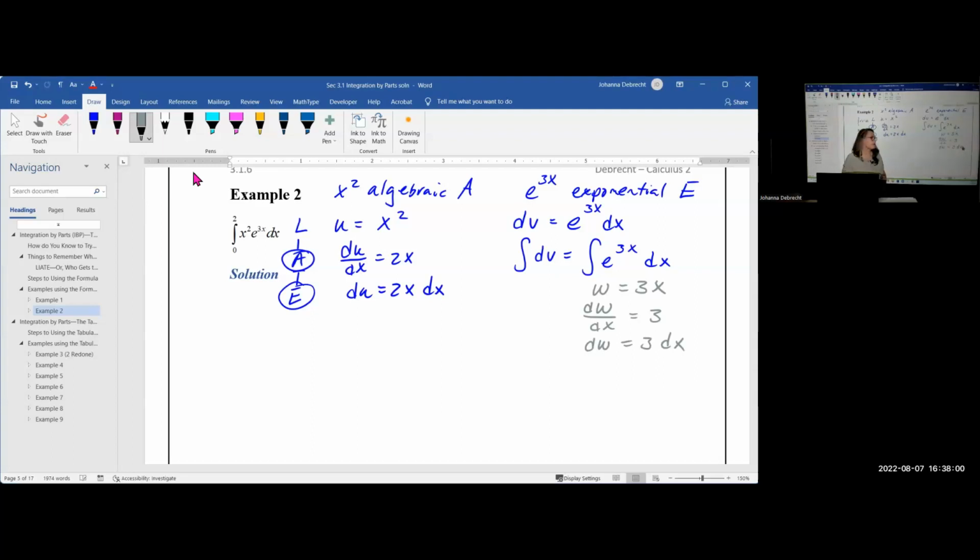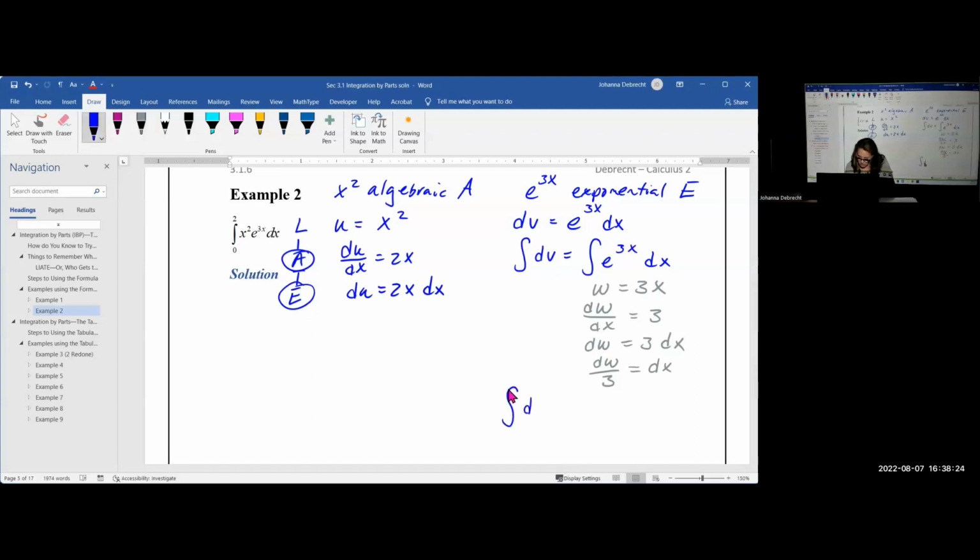Mathematicians are big on abuse of notation. So we get 3 dx, but we don't want to abuse it more than we have to. We have to abuse it here to make this notation work out right. So we get this 3 dx, solve for dx by dividing both sides by 3, and dx becomes d omega over 3. Okay, now we can go back to our original integral.